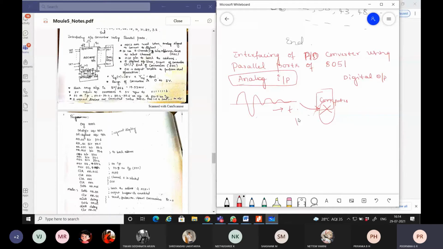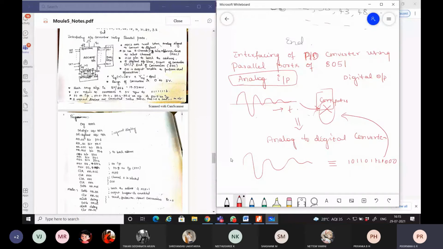There we come across the analog to digital converter. When the analog to digital converter is used, such a continuous analog signal will get converted into streams of zeros and ones, which the computer is able to understand.